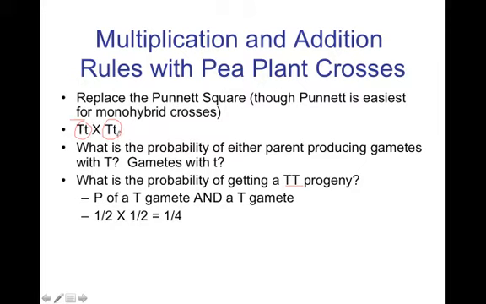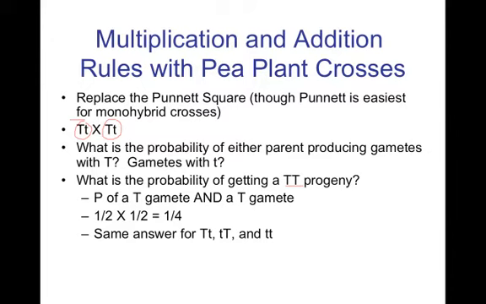Because we know, based on Mendel's rules, that these two alleles during meiosis, they're going to separate from each other in equal probabilities. So we know there's a 50% chance of getting big T for each of these two parents. So we take 1/2 times 1/2. Again, these are independent events. What's the probability of this parent producing a big T gamete and what's the probability of this parent producing a big T gamete? So we multiply them, follow the multiplication rule.